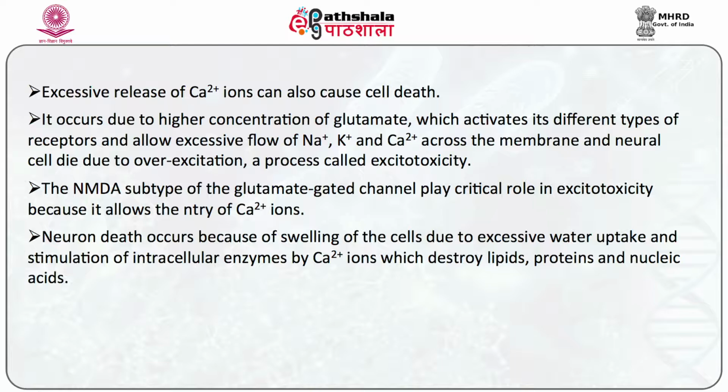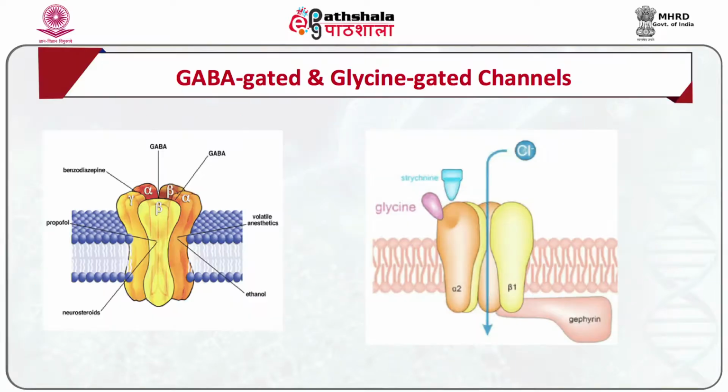The NMDA subtype of the glutamate-gated channel plays a critical role in excitotoxicity because it allows the entry of calcium ions. Neuron death occurs because of swelling of the cell due to excessive water uptake and stimulation of intracellular enzymes by calcium ions, which destroy lipids, proteins and nucleic acids.